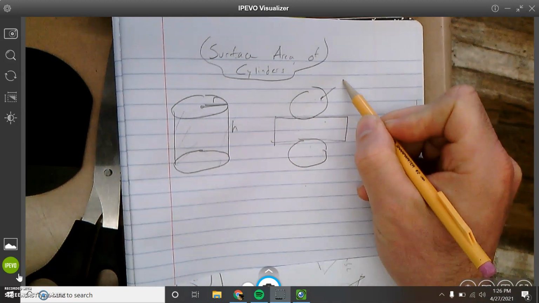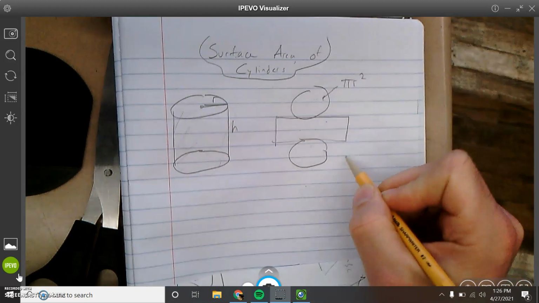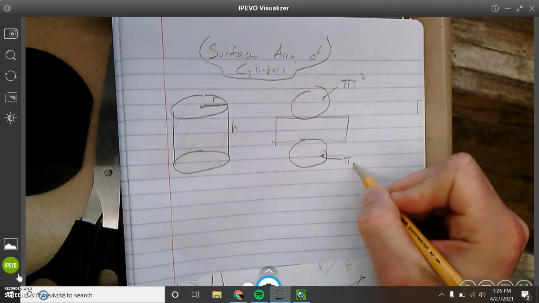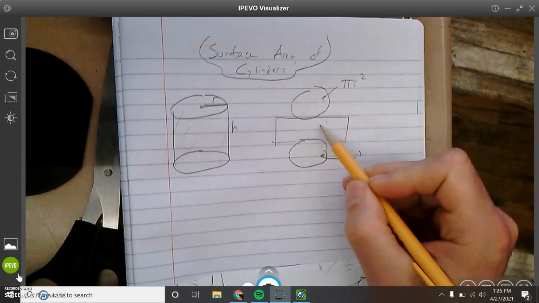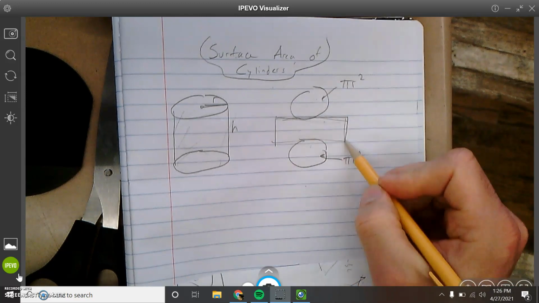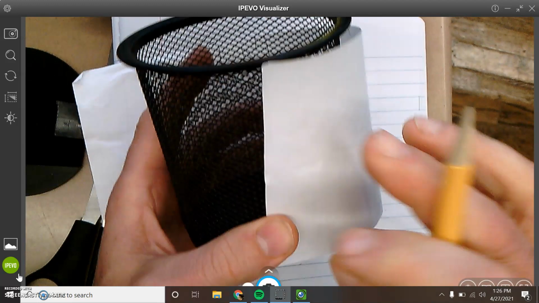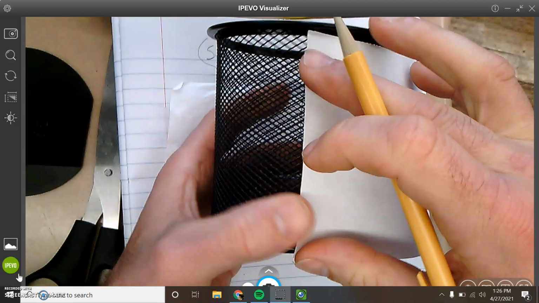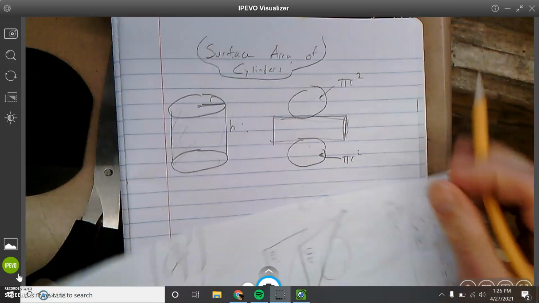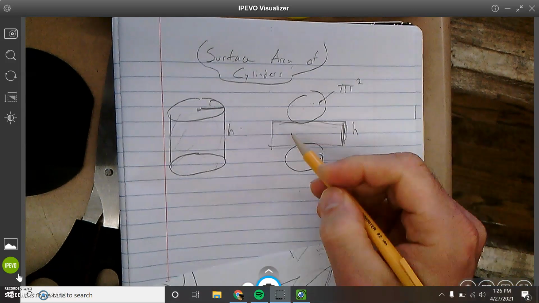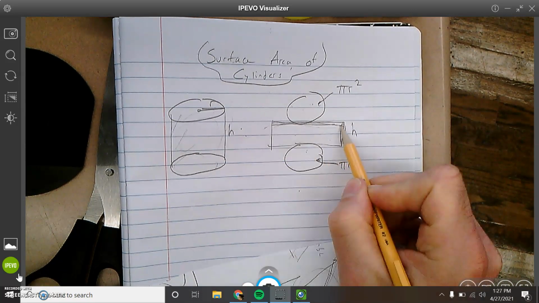So, area of a circle is what? Yeah, pi r squared. So that's the area of the faces. The area of the rectangle is the length times the width. The height of the whole shape is going to be this side, right? That's the height. But what is this, because it's length times width?